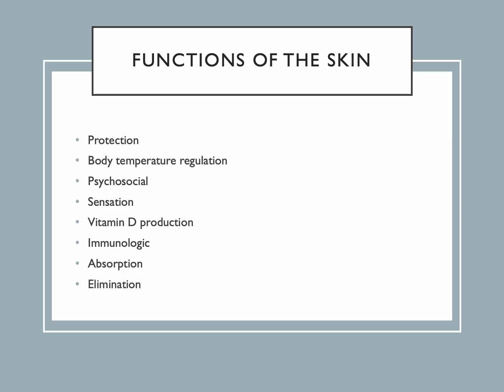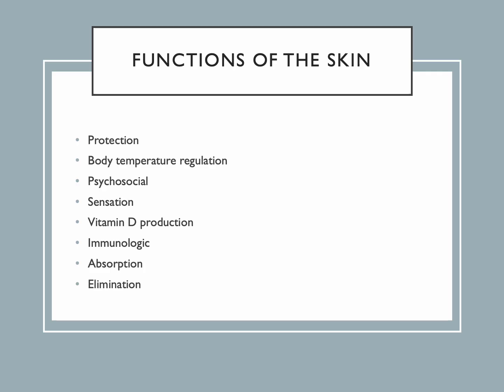We discussed the last time we met in class that skin provides our first line of defense against infection. So protection is just about the number one thing that our skin does for us, but it also helps keep our temperature regulated. Vitamin D production is huge, and we can absorb through our skin medications, nutrients, anything that we put on our skin, like lotion.